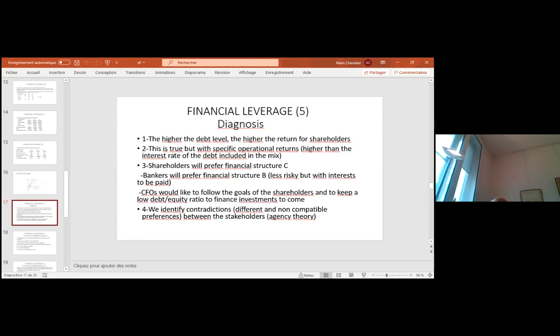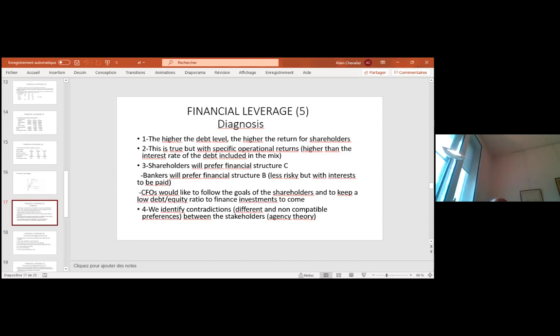And if at the present time you have a high level of debt, perhaps it's not too late to make an equity issue and to replace a large part of your debt by new equity in your balance sheet and to decrease your debt equity ratio.